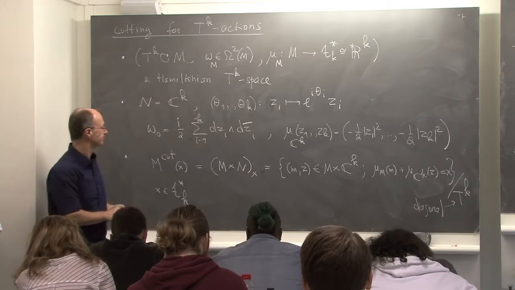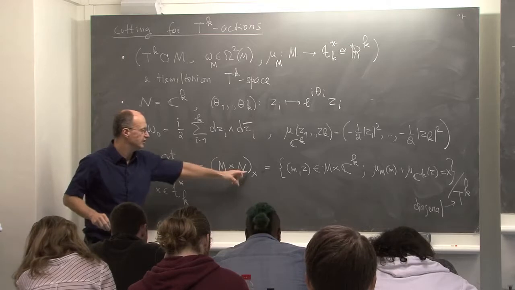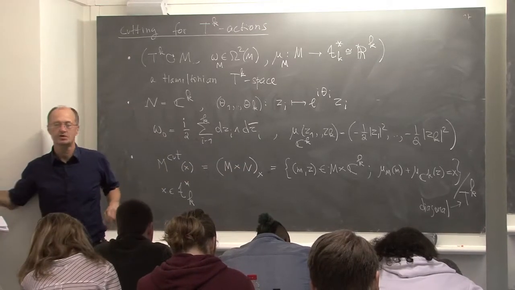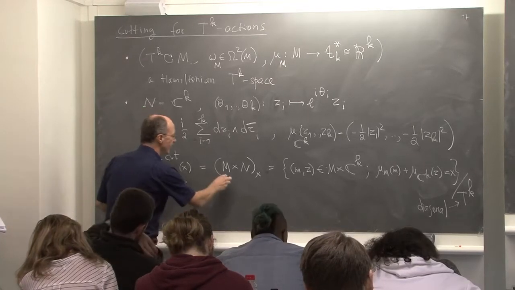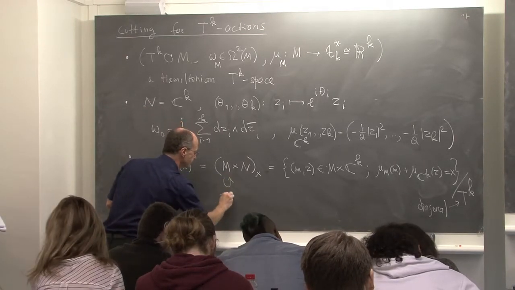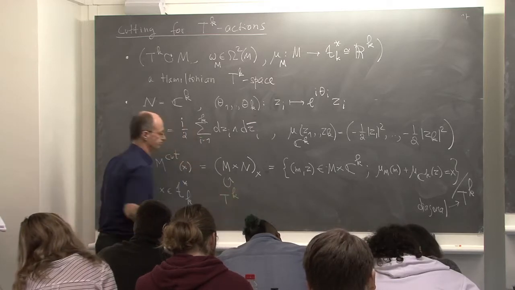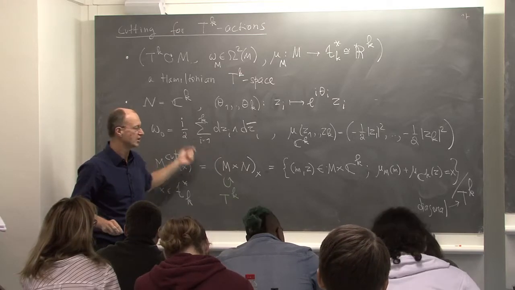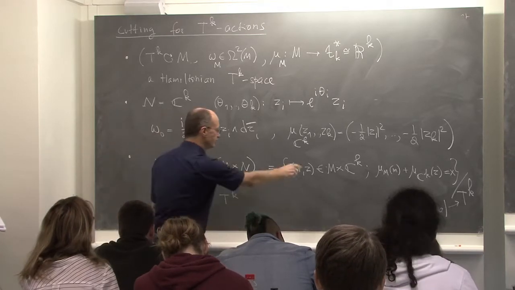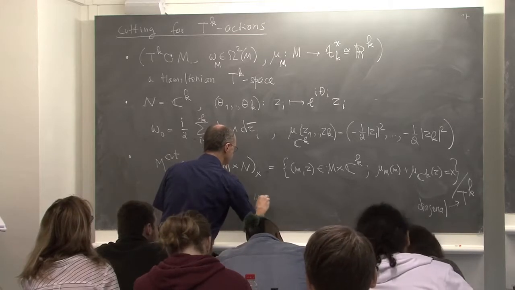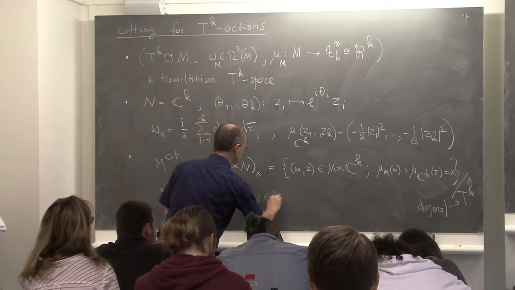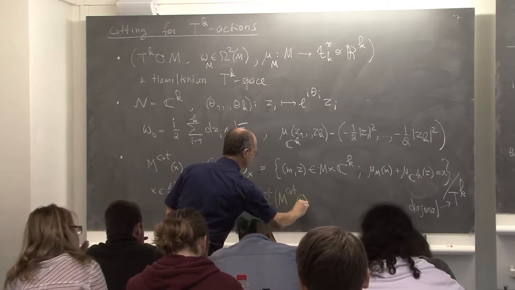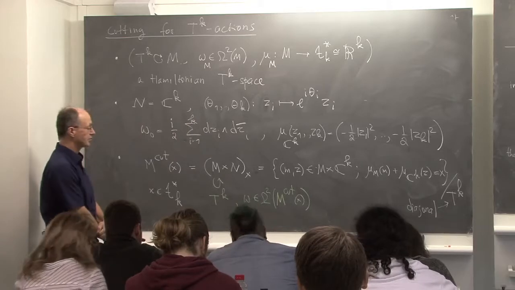Of course, now we decided to take a reduction with respect to the diagonal action, but the action on M still acts. So we get omega in omega 2 of M cut.